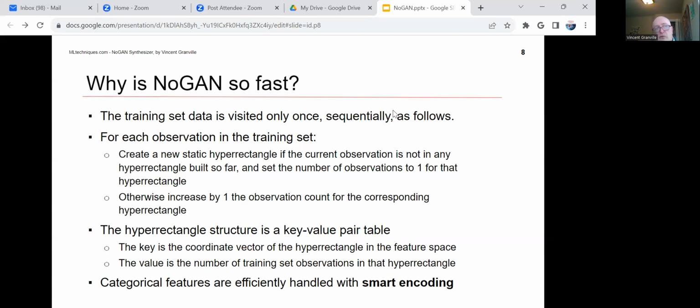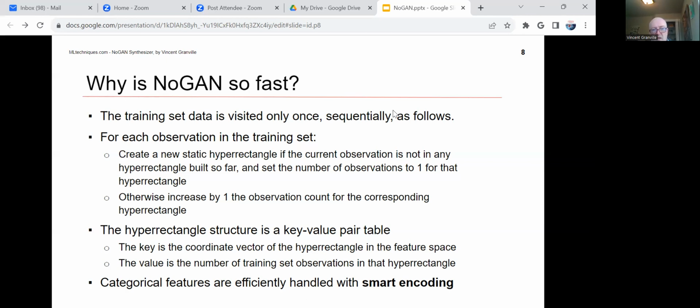If you run a neural network like GAN, the training set is going to be visited over and over. For instance, you might have 10,000 epochs. An epoch in a neural network consists of processing your whole data set once. So obviously it takes a lot more time.